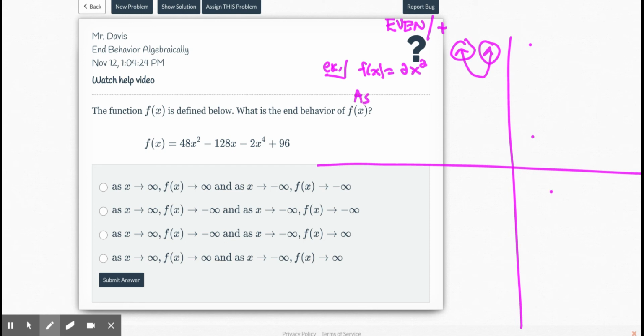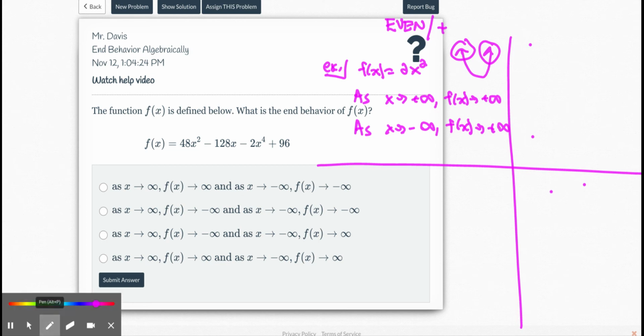So as x goes to positive infinity, f of x goes to positive infinity, right? And also as x goes to negative infinity, f of x goes to positive infinity in that direction as well. Both directions it goes to positive infinity. So that's our first scenario.